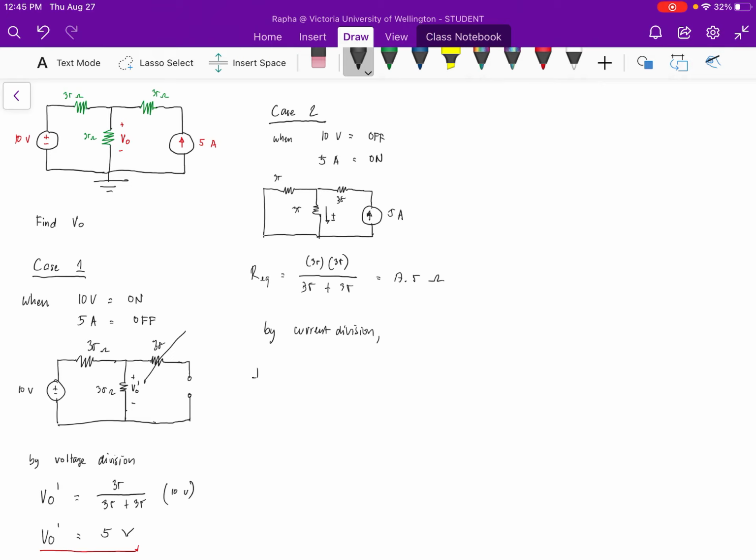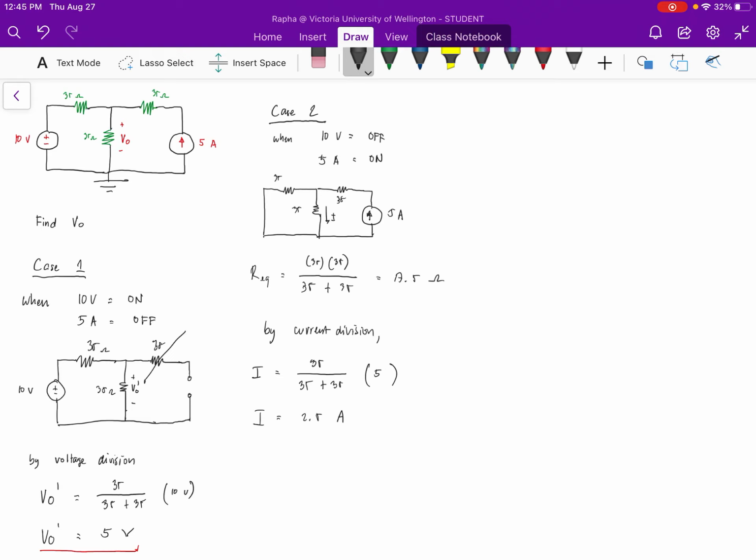I, or the branch current, is equal to the adjacent resistor, 35 ohms, divided by the sum of those resistors, times the main current source. So I is now equal to 2.5 amperes.